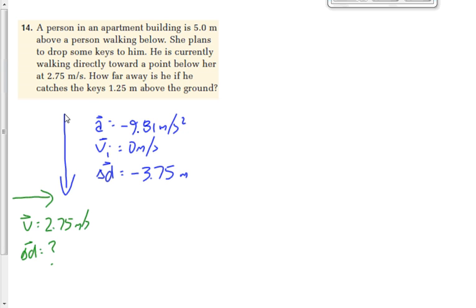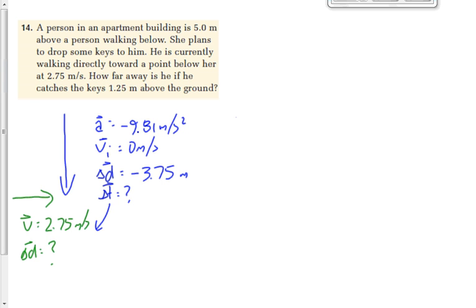These keys fall 3.75 meters for a certain amount of time. The guy walking in green there has that amount of time to walk that distance or that displacement. Let's figure out how much time it takes for these keys to fall, and then let's take that time and plug it in down here as another given to solve for the displacement of the guy as he's walking. So let's do that now.